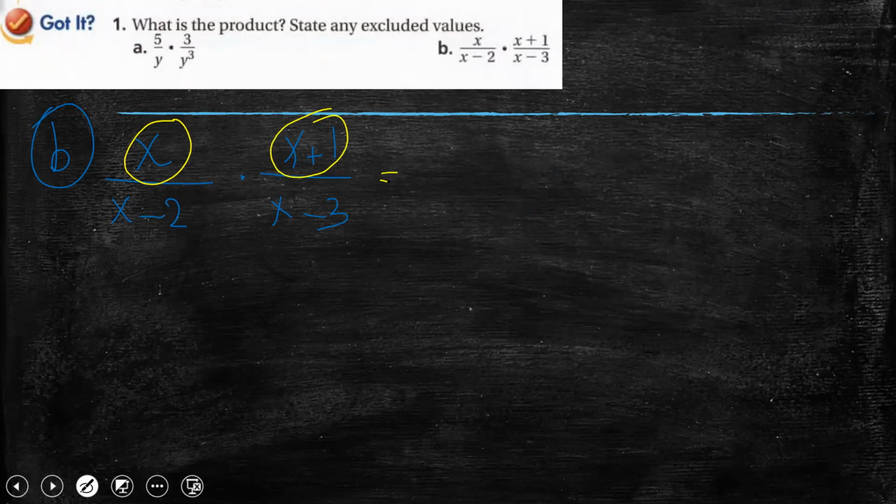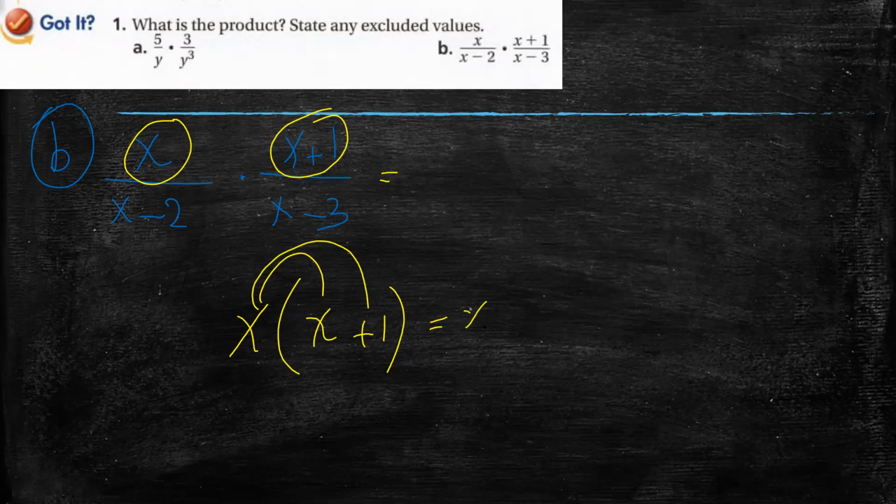When you have to multiply x times x plus 1, what do you have to do? Distribute. You have to multiply x with x and x with 1. So it is x times x, which is x squared, plus x times 1, which is x. So you have x squared plus x over.